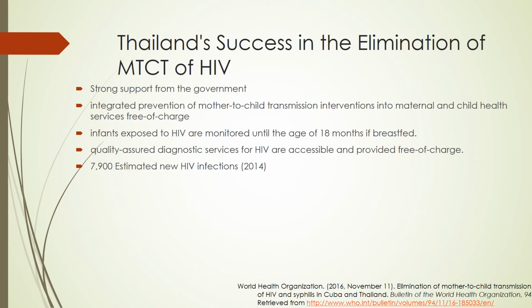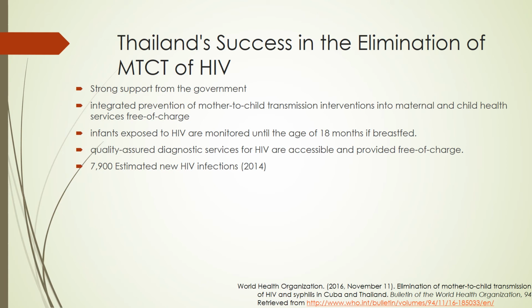Thailand's success in the elimination of mother-to-child transmission of HIV. They have strong support from the government. The government has put large amounts of funding into the prevention of mother-to-child transmission of HIV. Unfortunately, with any health change, money and access to funds is necessary to evoke lasting change and success.